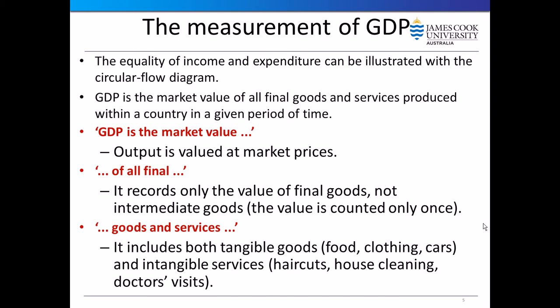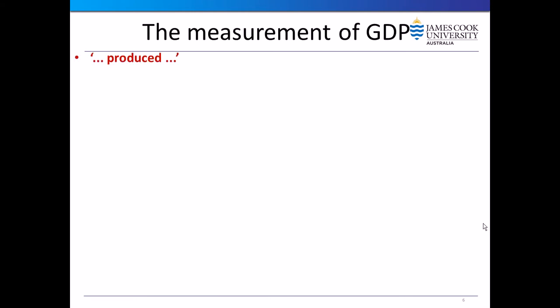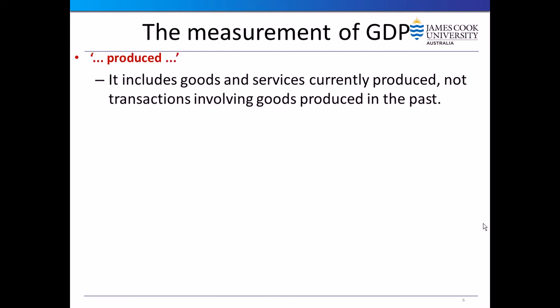It also includes intangible services like haircuts, house cleaning, etc. It includes currently produced goods, not transactions involving goods produced in the past, within the country and in a given period of time.